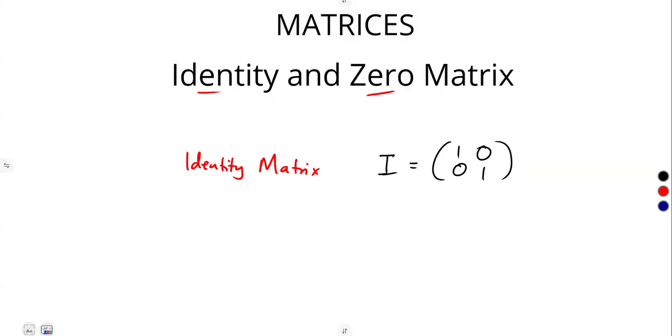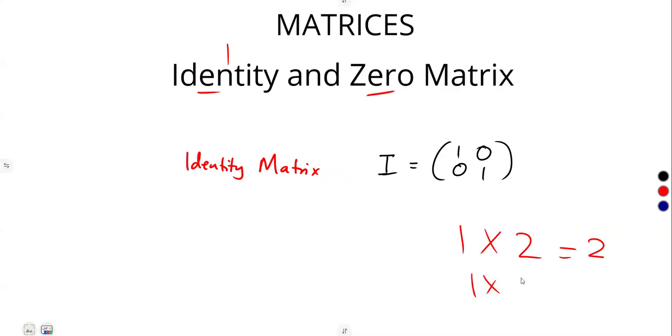So its properties now. We understand it's a matrix, but let's consider it as numbers. Identity matrix is just like one in numbers. So we know that one times any number gives us that number. One times two, that's a two.